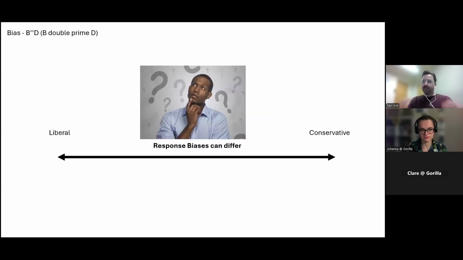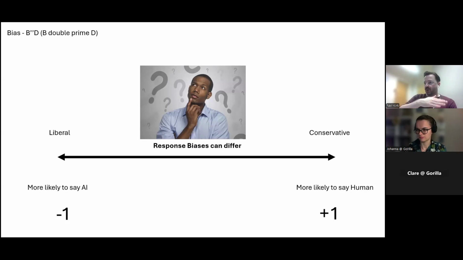How I'm coding for this is whether they have more of a liberal response or a conservative response to indicating that the voice is AI. A liberal response would be to detect that the signal is there and say that it's AI. More conservative would be to say that it's human. And this gives me a score for each participant between -1 and 1 as to where their bias lies.